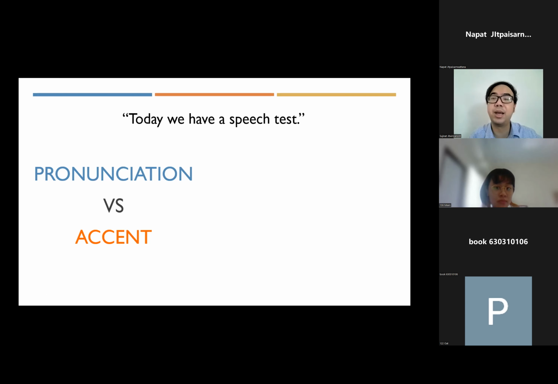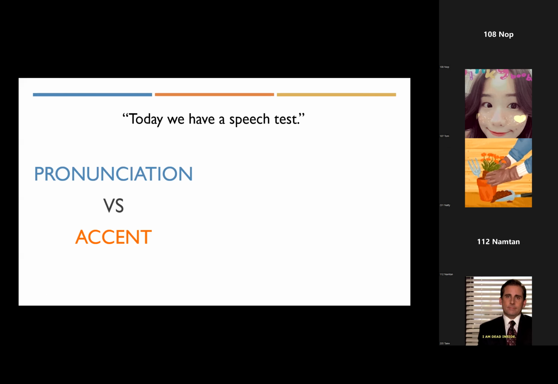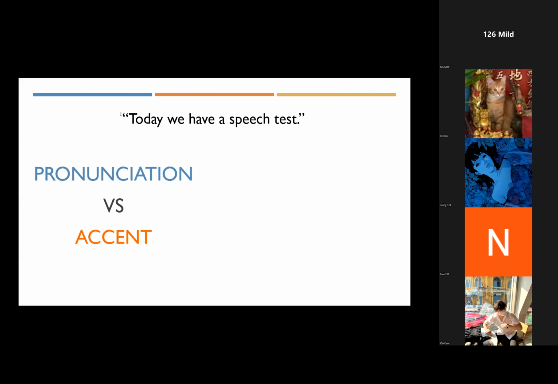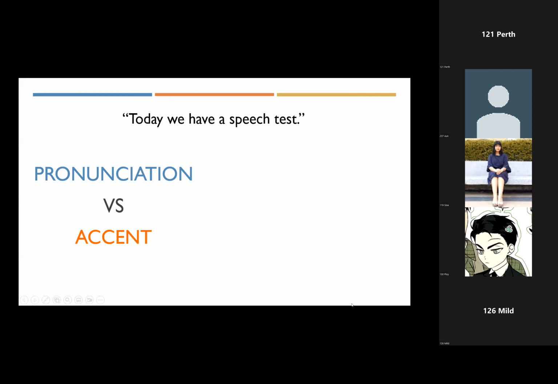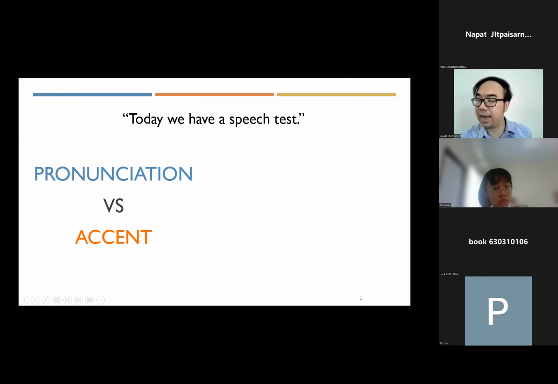A Thai-glish pronunciation of this sentence. Today we have a speech test. Say it in a Thai accent. Yeah, Thai accent. Today we have a speed test.